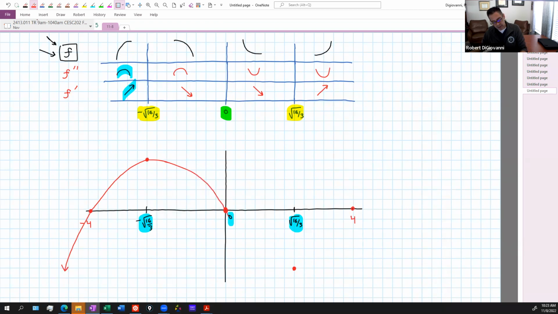Now it turns into the left-hand side of a smile. That's an inflection point, by the way. And then it turns into the right-hand side of the smile and it goes up through the x-intercept. Now I still need to figure out what those values are, but I would have to plug into my calculator to figure out, or just do it by hand.